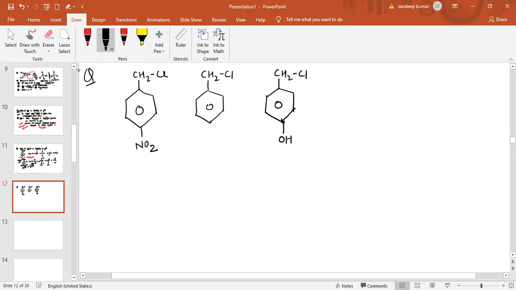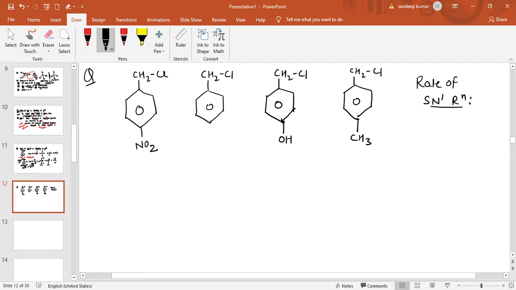And again, benzene CH2Cl, and at the para position there is a methyl group. We have to compare the rate of SN1 reaction.